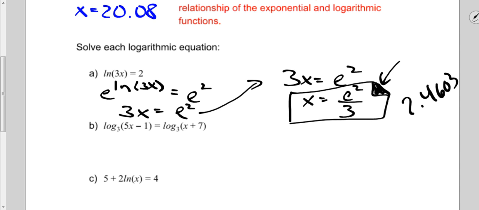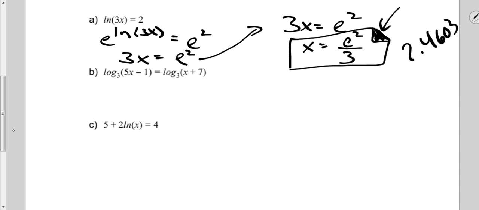Now, letter B. Let us do letter B on our own.